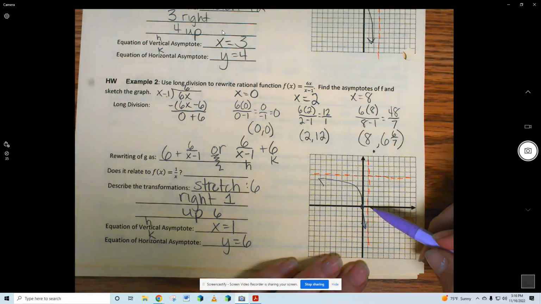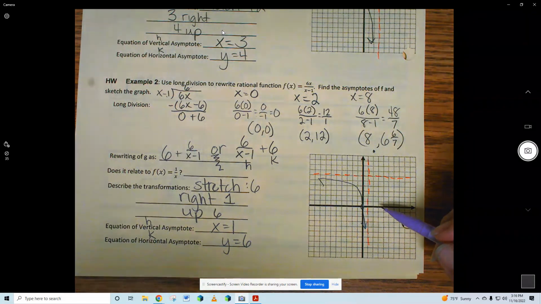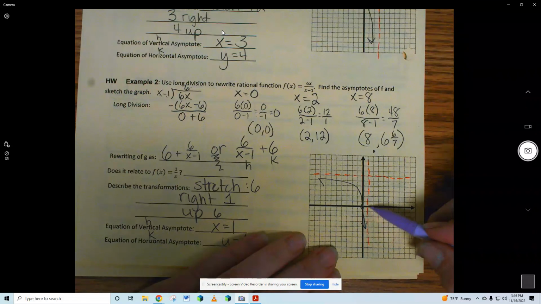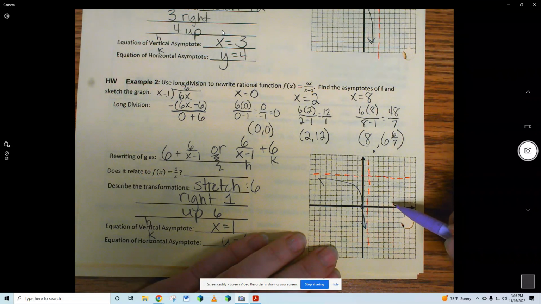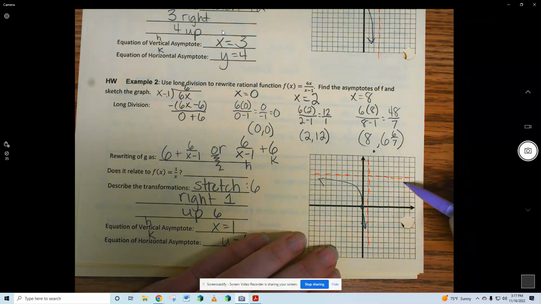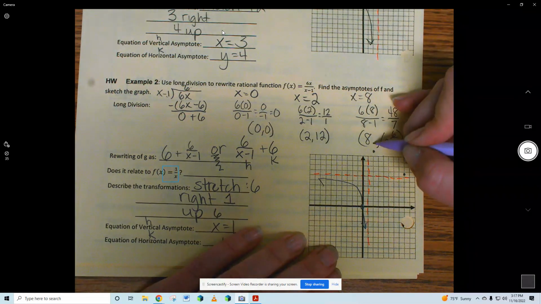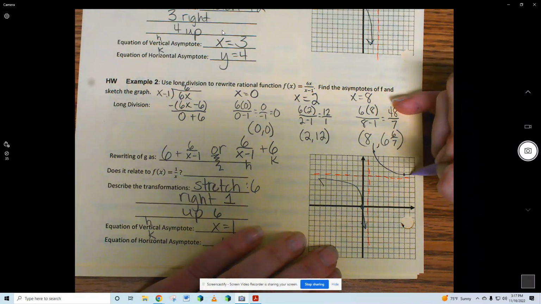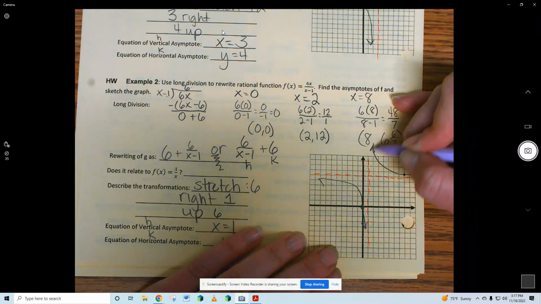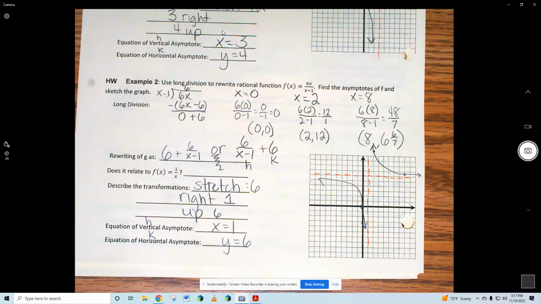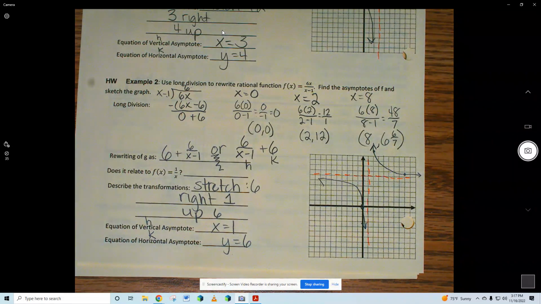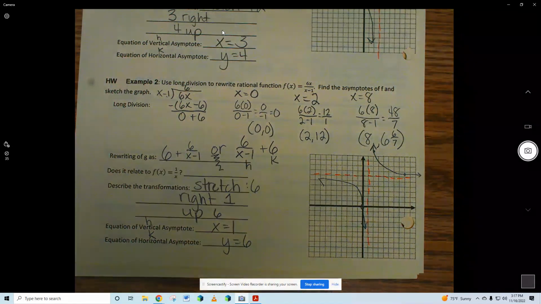And then I'm going to graph over 8, up 6 6/7. Good.